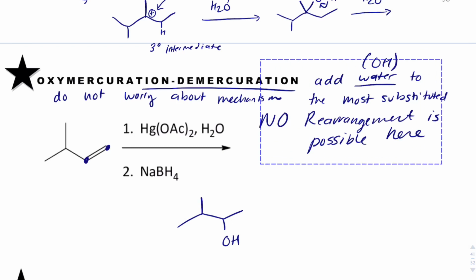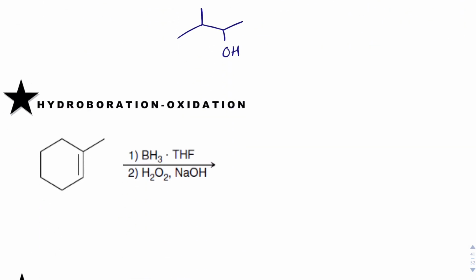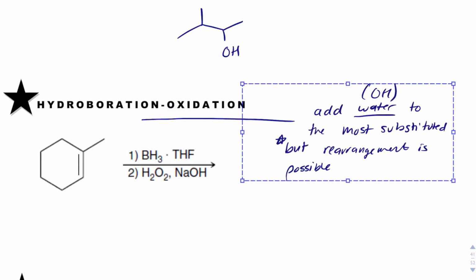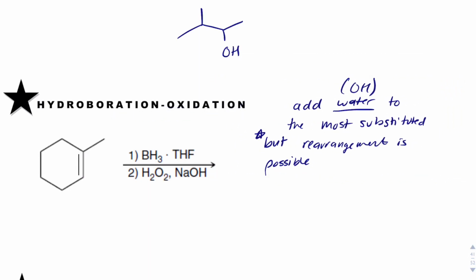Now, we're going to do the same thing, except what is going to be different here? We're going to add water or an OH group to the least substituted. A good trick to know that you have the least substituted is I see peroxides there. So my product is going to look the exact same, except I've got to decide top carbon or bottom carbon, which one's least substituted. Whatever one's least substituted will get the OH group, and that one is the bottom carbon.